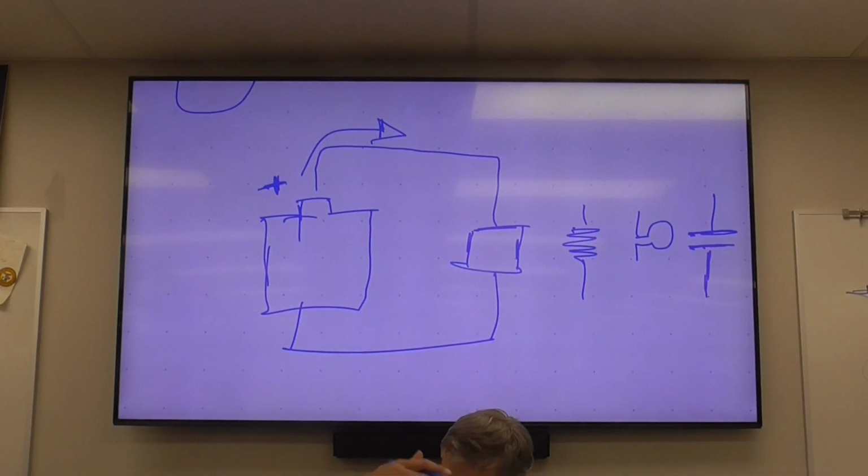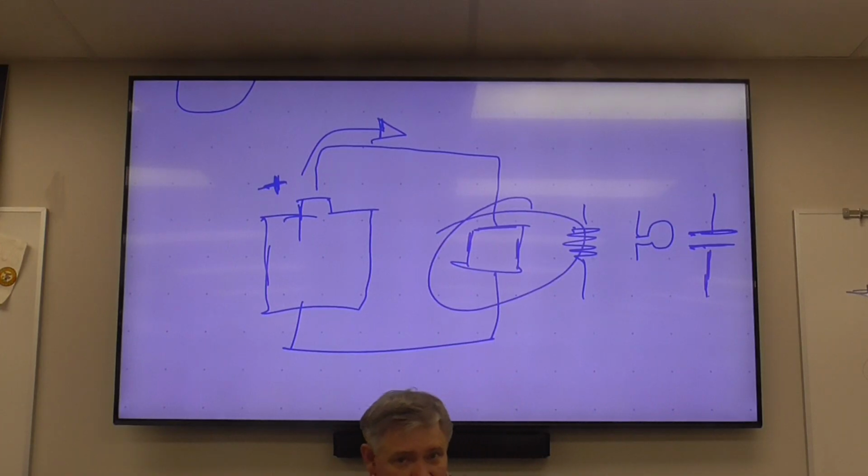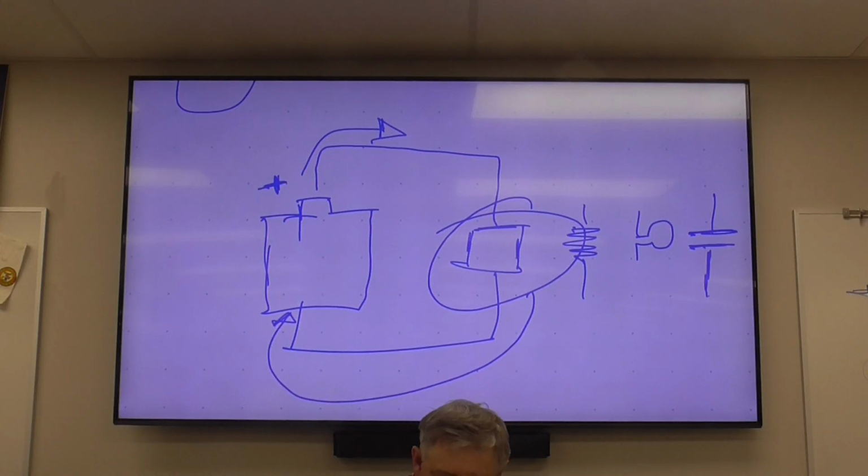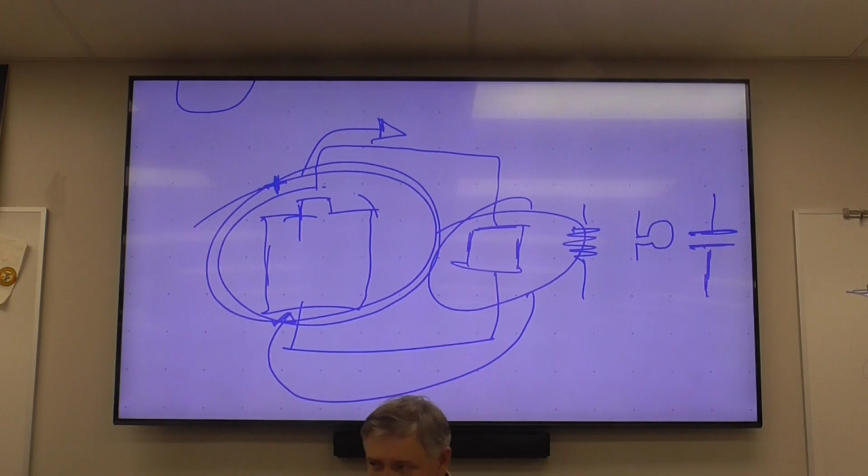So, conventionally, positive charges come out, they lose energy going through the resistor or the light bulb, and then they end up back at the negative terminal. The whole purpose of the battery is to recharge the particles, or give energy to the field.